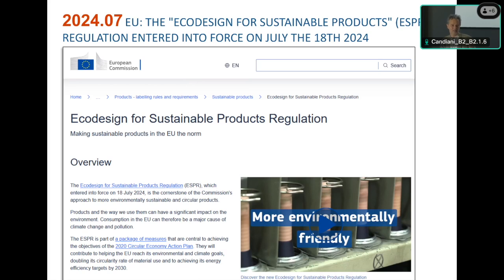This is key important, even for you, because companies now know that there is this law, there is a plan by which first it will be textile, then it will be furniture, and others. There will be laws by which they have to design products with a low environmental impact, okay?